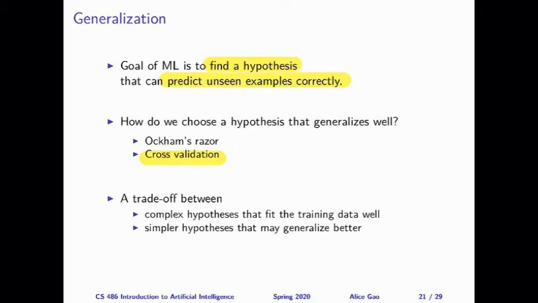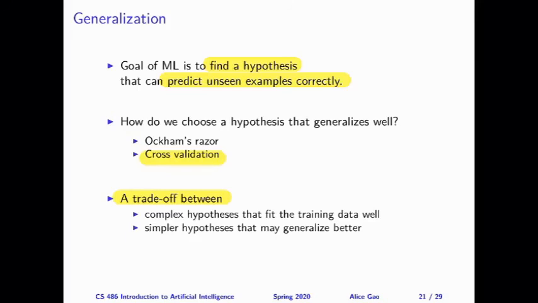So why is it so challenging for us to find a hypothesis that generalizes well? The reason is that we often struggle with a trade-off between the complexity of the hypothesis and how well it generalizes. If we choose a complex hypothesis, then the complex hypothesis has a lot of degrees of freedom, so it tends to fit the training data well.